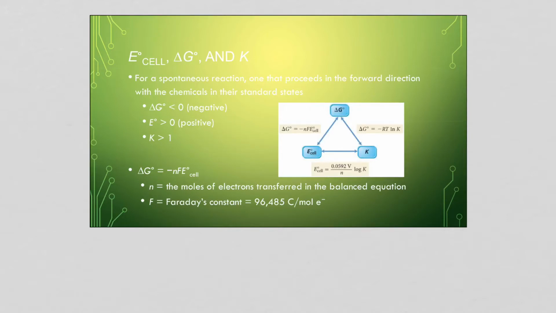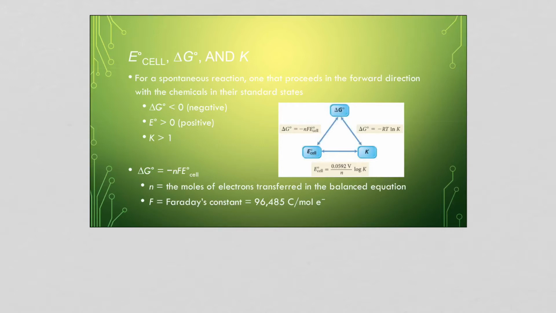And so if having a negative free energy change determines the spontaneity of a reaction, and spontaneous electrochemical reactions have a positive cell potential, then it makes sense that there would be a connection between them, an equation that would allow them to be connected.